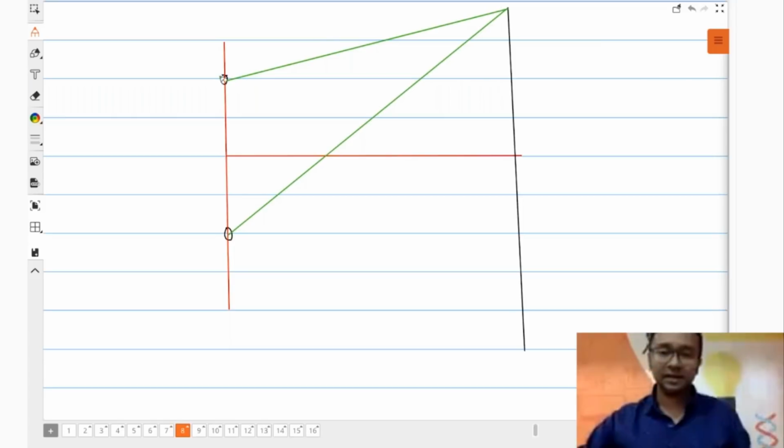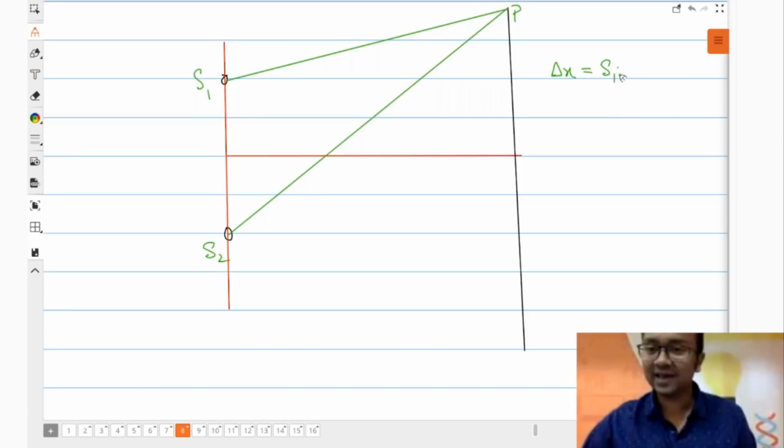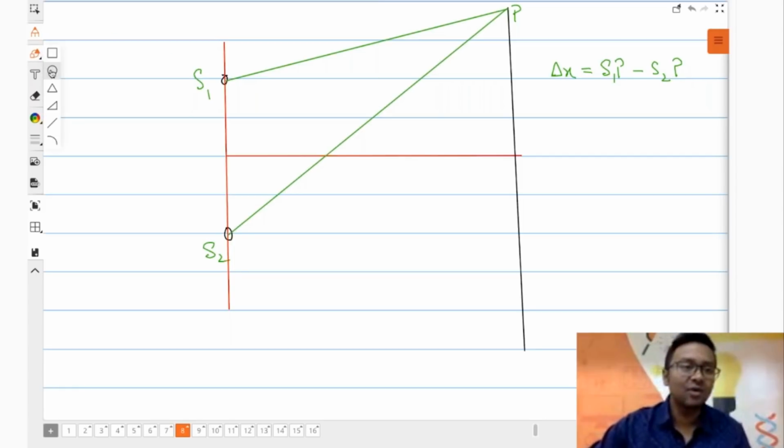Then, my dear students, this is your S1P and this is your S2P. Path difference delta x is going to be equal to S1P minus S2P. This is nothing but my path difference. How do I find it out in one shot? Simple thing. I'll teach you.